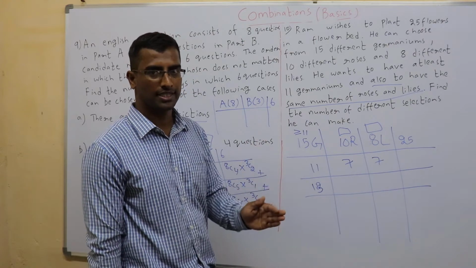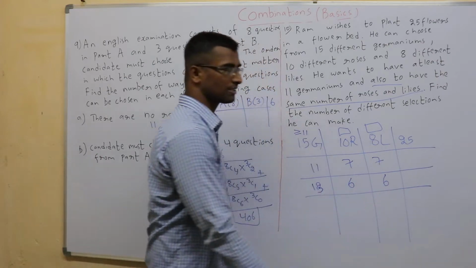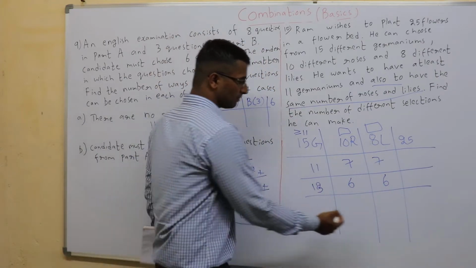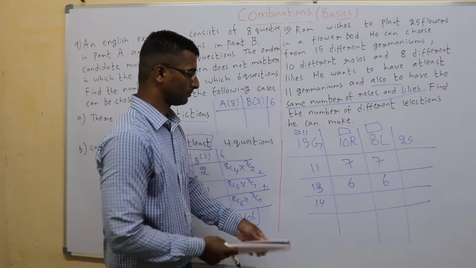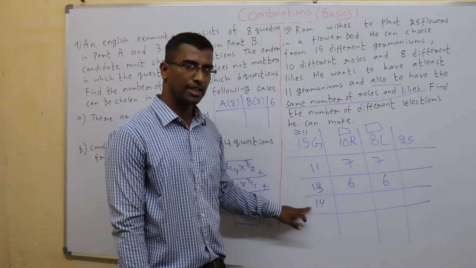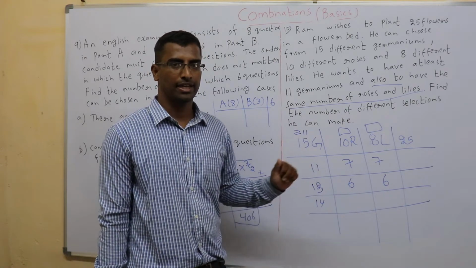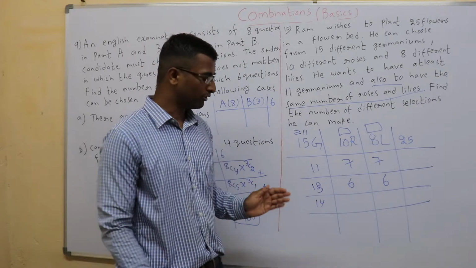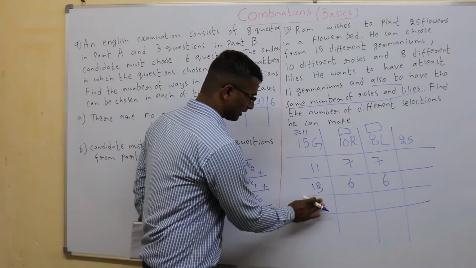Half of 12 is 6, so I am taking 6 roses and 6 lilies. Next number, 14: 25 minus 14 is 11. Half of 11 is 5.5. I cannot select 5.5 rose plants, so 14 is not possible. Go to the next number, 15.